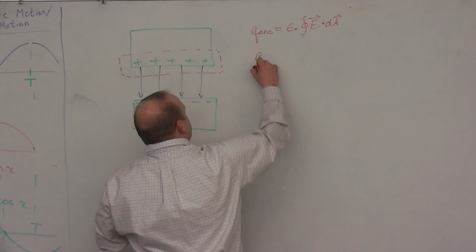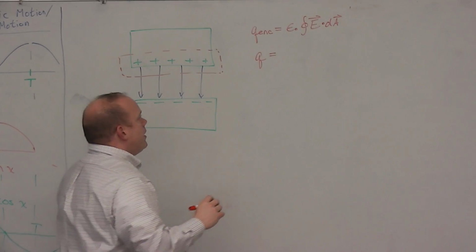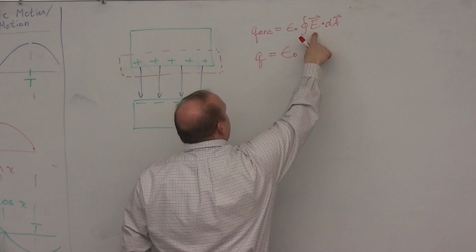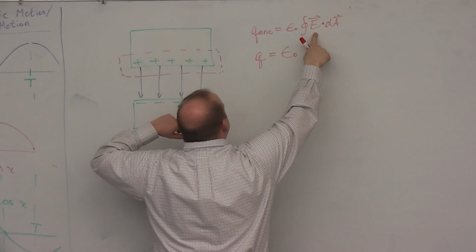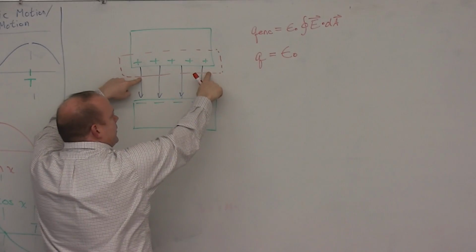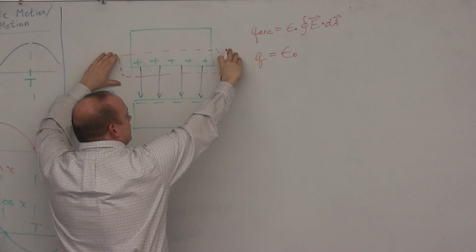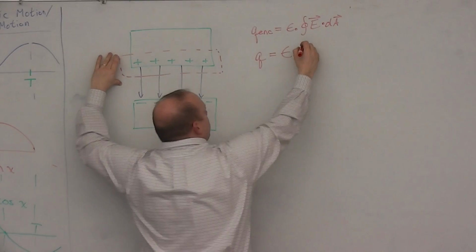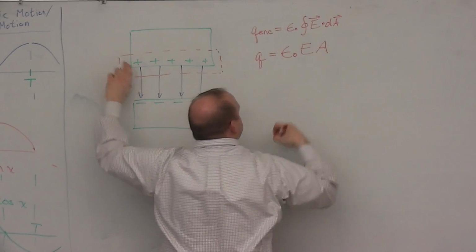So that Q enclosed is just going to be Q because we have the entire plate. Now, we're assuming that the electric field is only within this area. Again, we're neglecting this stuff out over here, and it's fine, it's much weaker. So we call that E, and it's times the area of the plates itself.